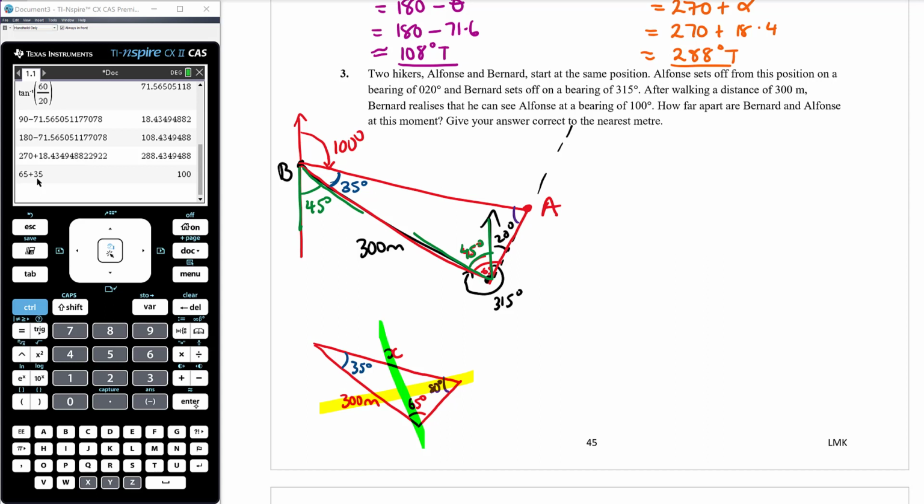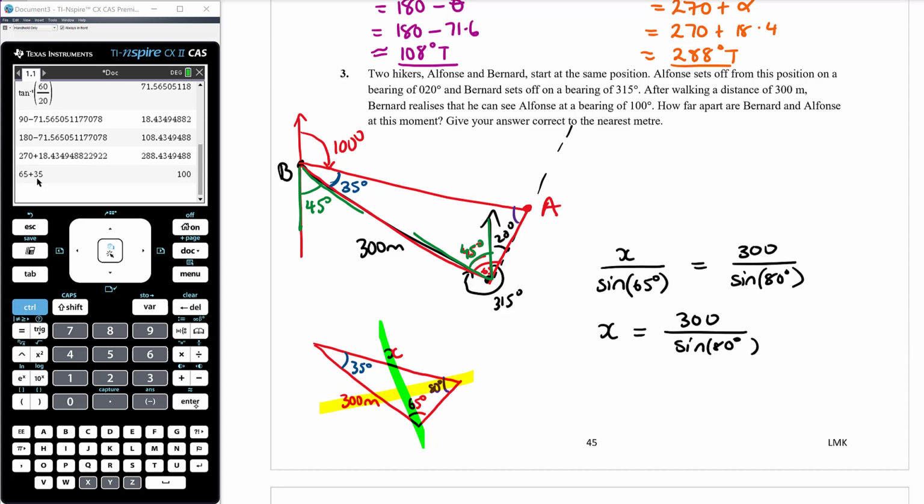Okay, so we know that x divided by sine of the angle that's opposite it, which is 65 degrees, is equal to 300 divided by sine of the angle opposite it, which is 80 degrees. And then we can do the rearranging. It's a length, so we don't need to use solve to take care of the ambiguous case.